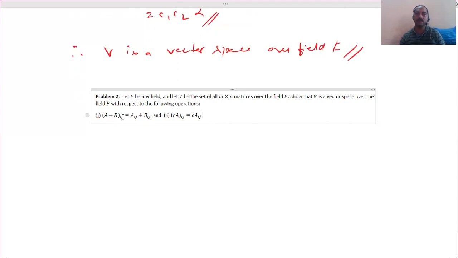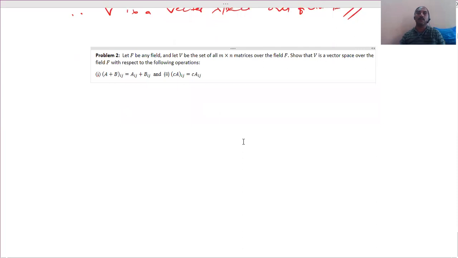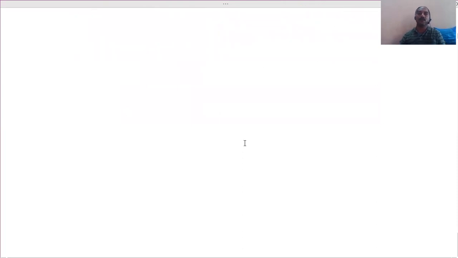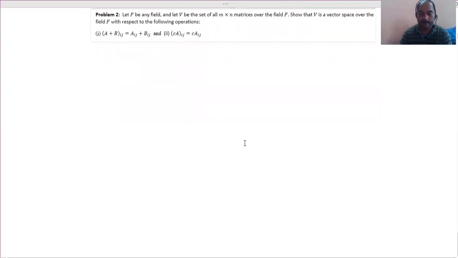Aij means row value, column value indications. Here also, C times of Aij means the ith row, jth column entry is multiplied with C. Simply remember that every entry of the matrix is multiplied with C. Using these two operations, show that V is a vector space. Okay, answer.